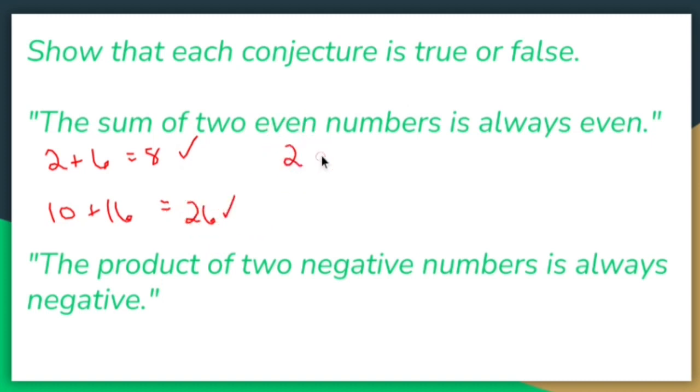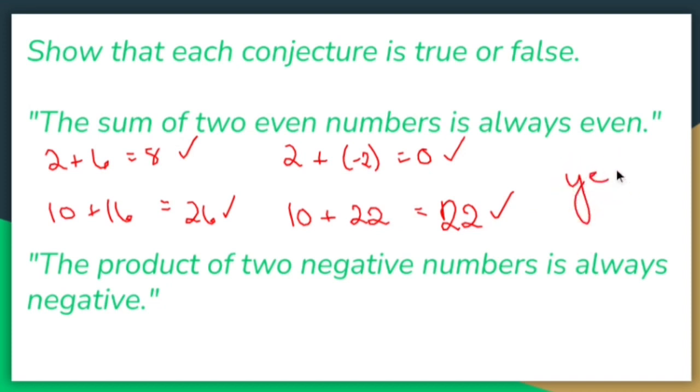How about 2 plus negative 2 is 0, which is technically even, check. So it looks like no matter what 2 even numbers I add, it's going to be even no matter what. So is this a true statement? Yes, it is. That's a cat.